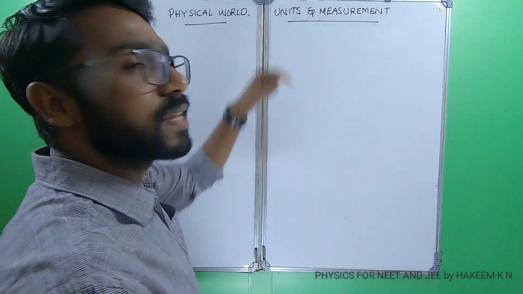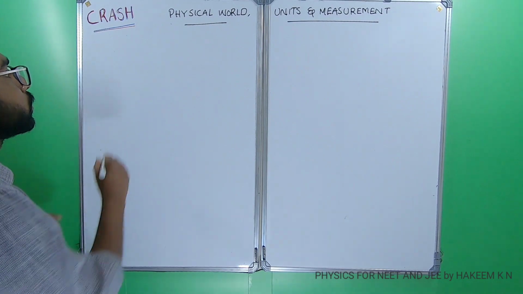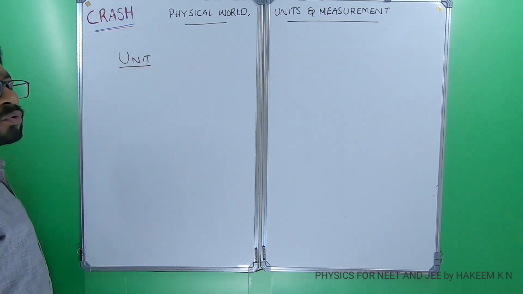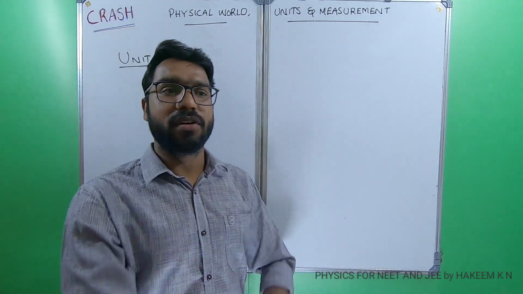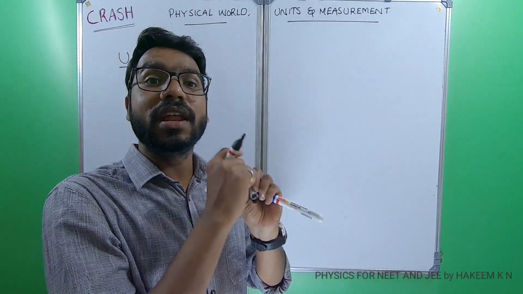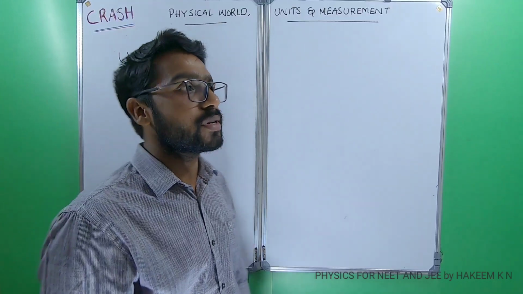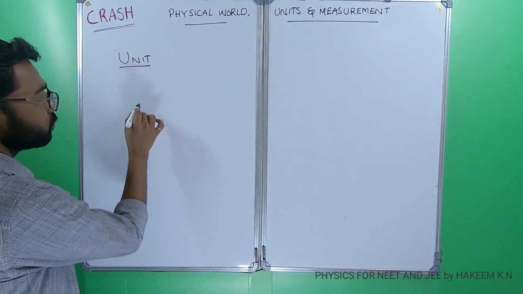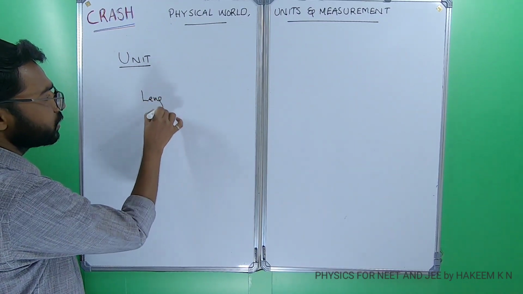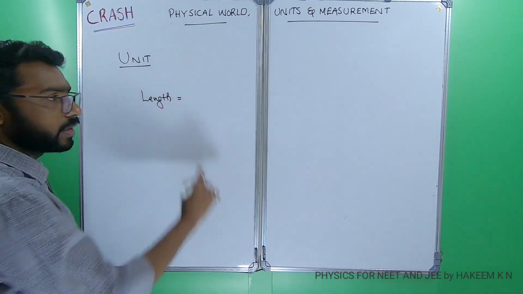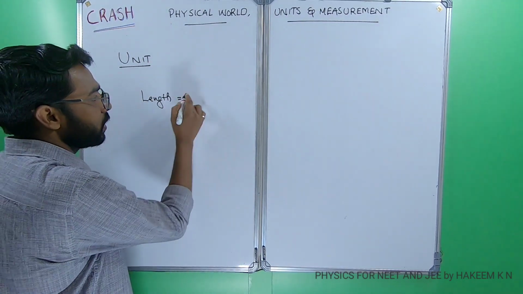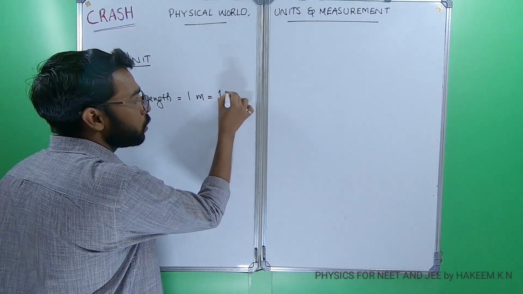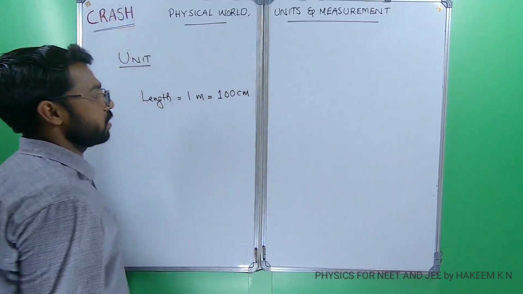Now, what is a unit? A unit is an internationally accepted standard reference used to represent a physical quantity. For example, if length is taken as a physical quantity, length equal to 1 meter, that is equal to 100 centimeter.